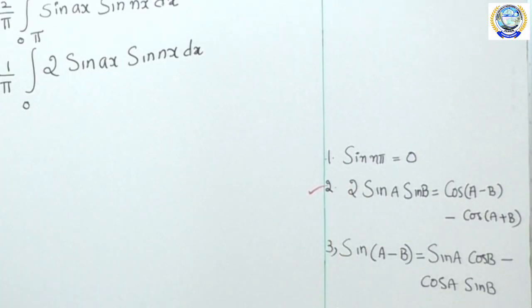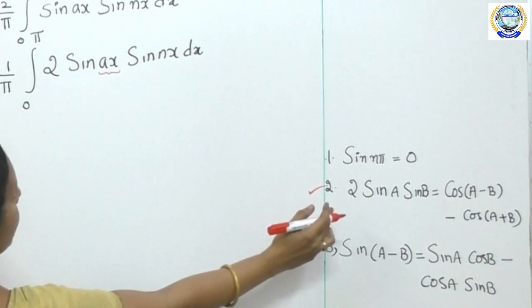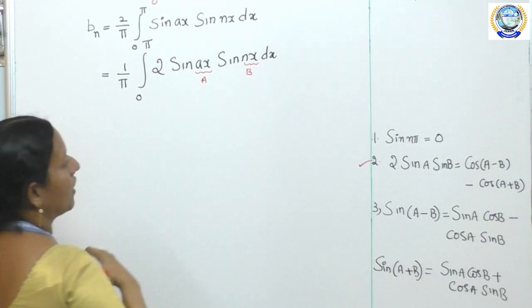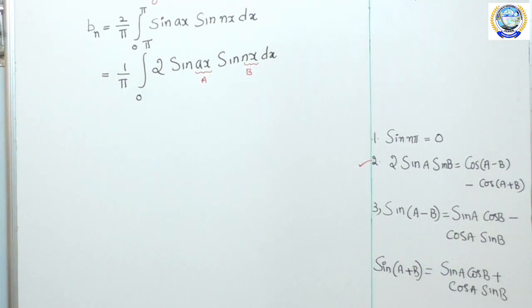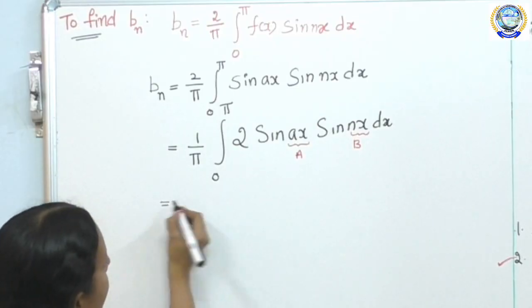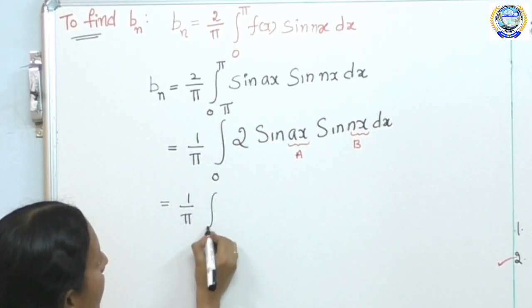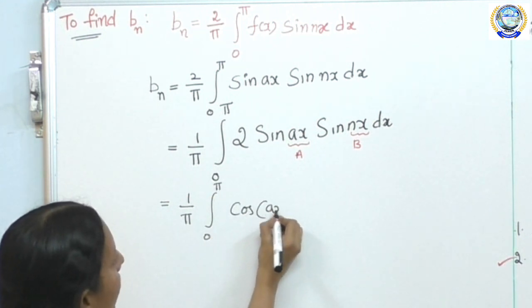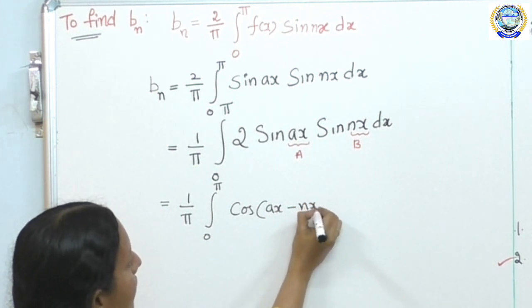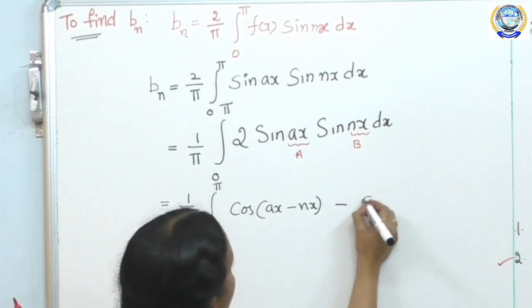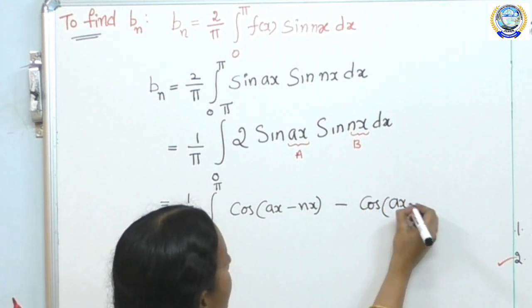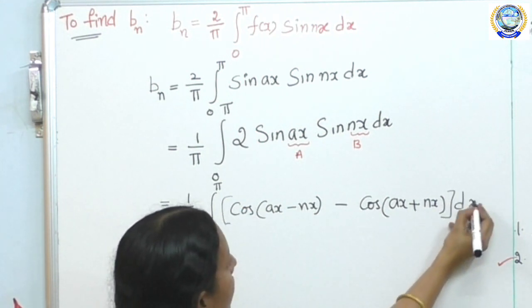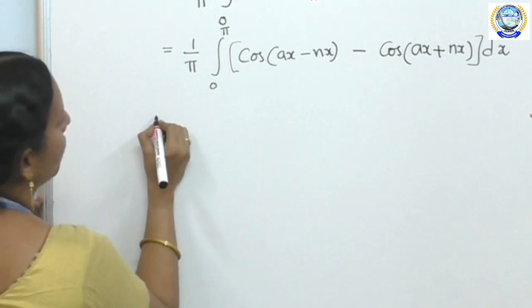Yes, this one. This is of the form 2 sin A sin B. Here A is ax and B is nx. This can be written as 1 by pi integral 0 to pi cos ax minus nx minus cos ax plus nx into dx.